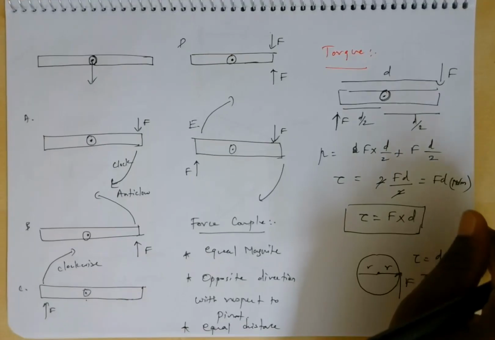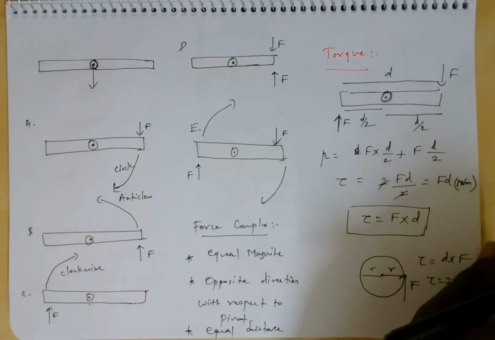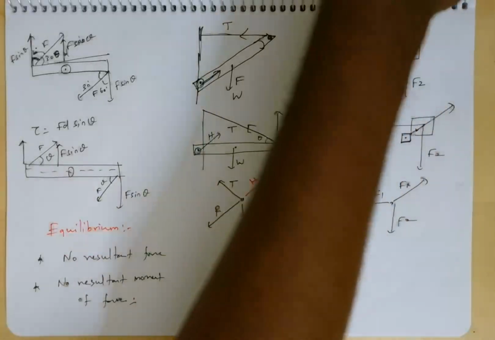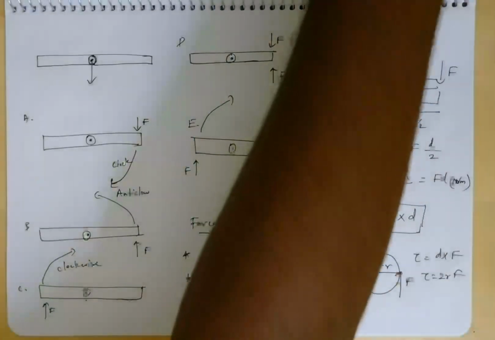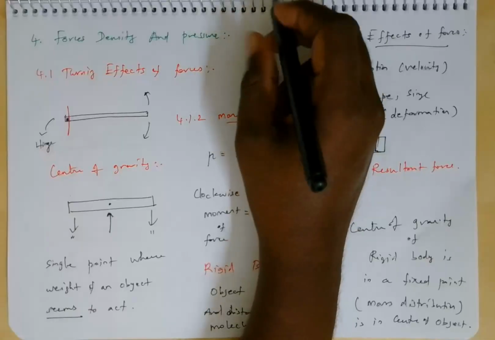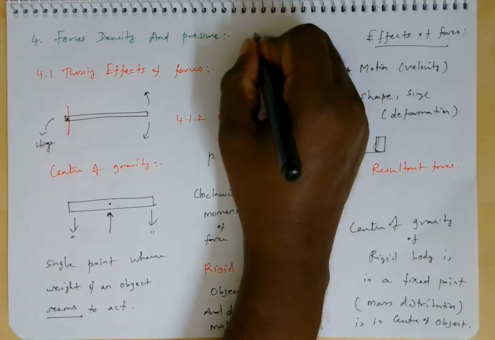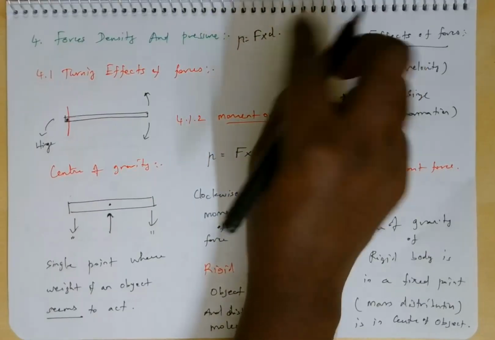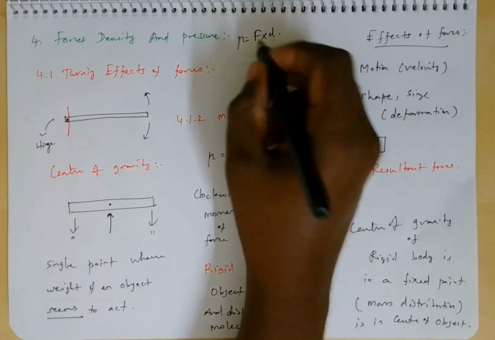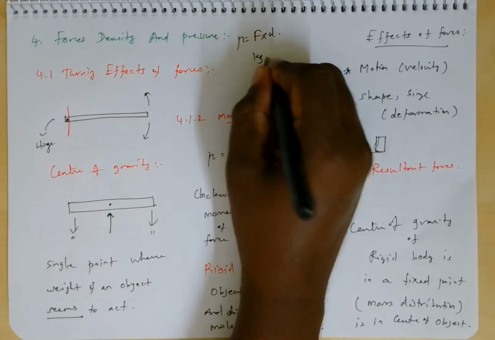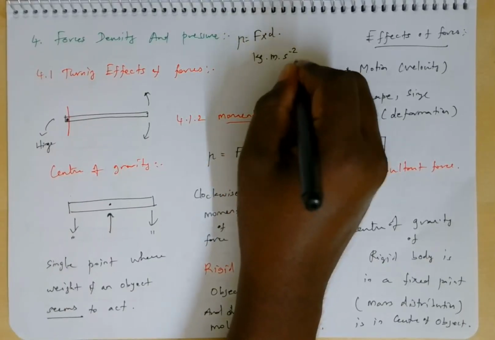What is the unit of momentum? So can you give the moment of force SI unit? Moment of force is force into distance. So kilogram meter second power minus 2 into meter.